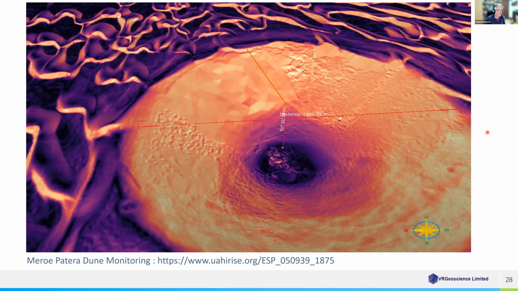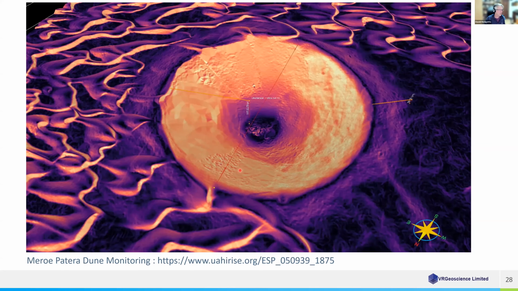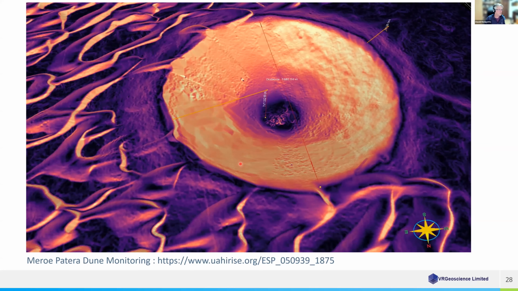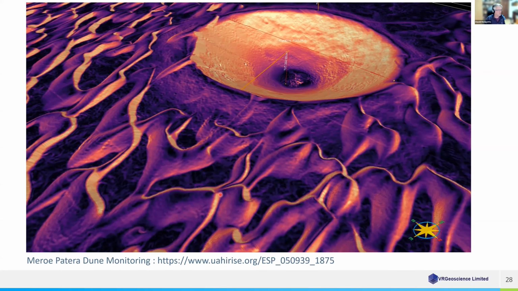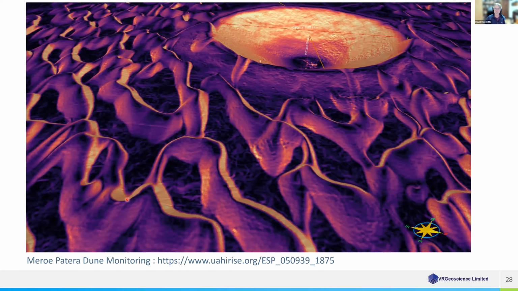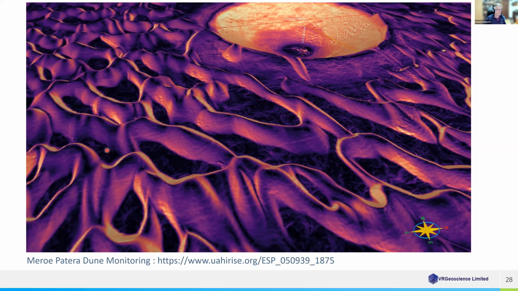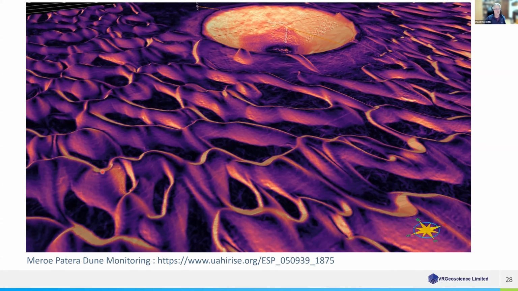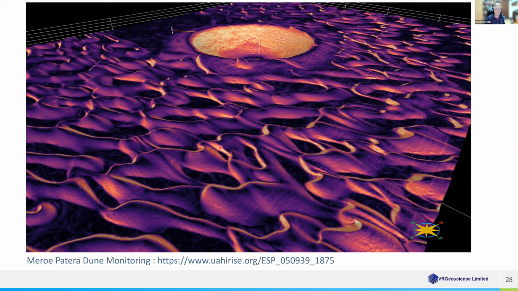So we can put measurements on the crater here. We see it's nearly 2 kilometers across and about 300 meters deep. And then as we go across and look at the dunes, we can see the slip faces on them. We could go in there and make measurements on them, measure the angle of the dip of the slip face, lots of different things that we could do, but it's a fantastic way of handling this data set.